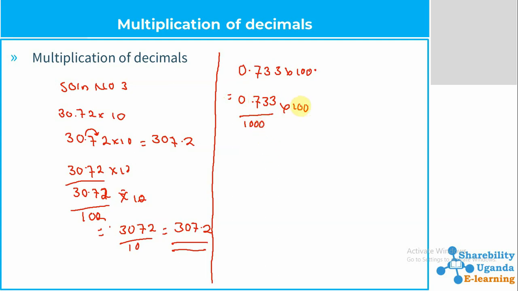So now here we can cancel our 2 zeros and remain with 733 out of 10. Okay, this is going to be 10. What do we get here? We shall get 73 point what?